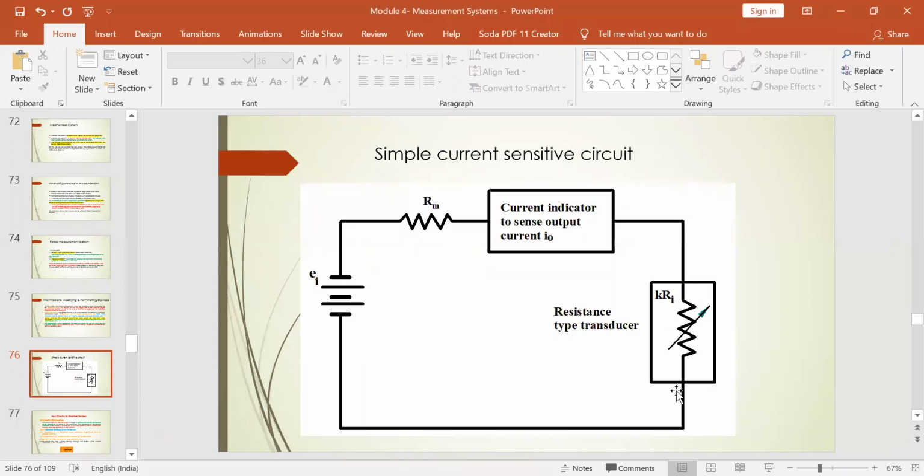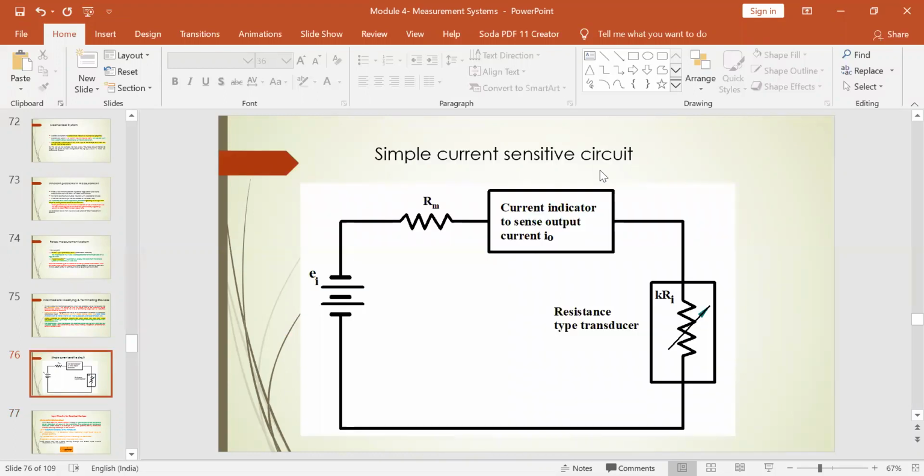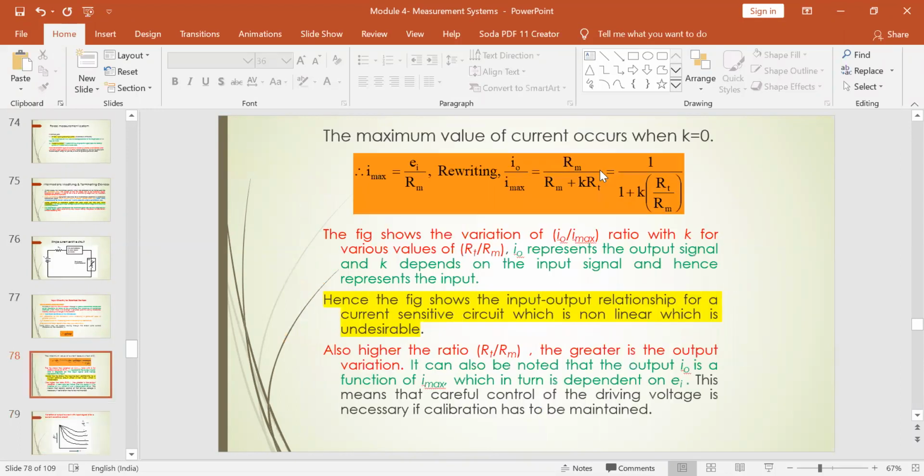One is the maximum resistance of this resistance type transducer, the other one is the resistance of the input circuitry excluding this transducer. So this will provide the output current which is passing through the input circuitry for any electrical device. This is the simple circuit sensitive system you have to understand.